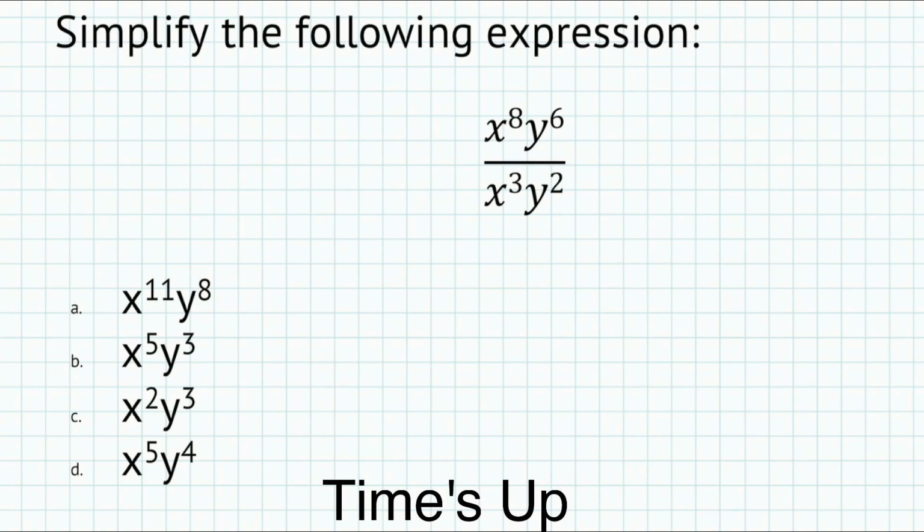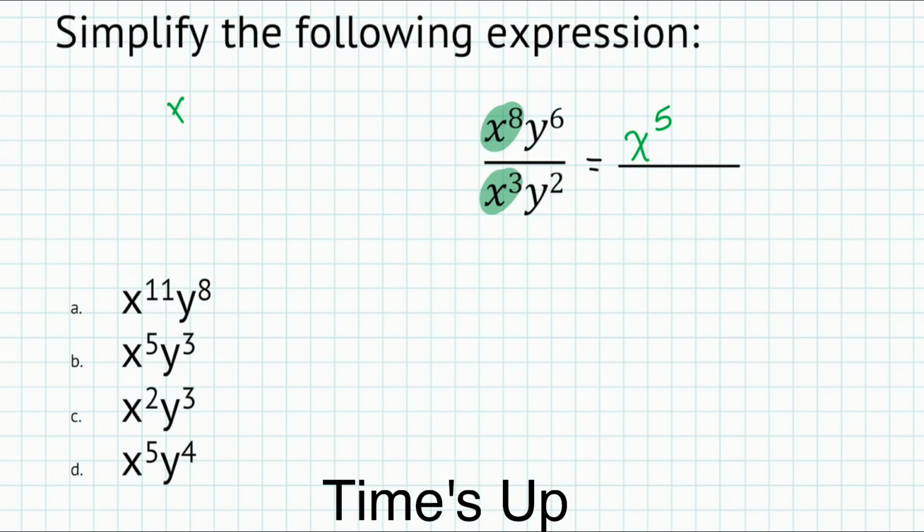So here, let's focus on one at a time. So first, we'll go ahead and look at the x's. So x to the power of 8 divided by x to the power of 3. Let me draw our line. This will end up being 8 minus 3, which is 5. So we'll write this as x to the power of 5 up top.